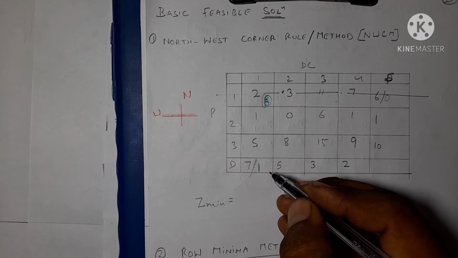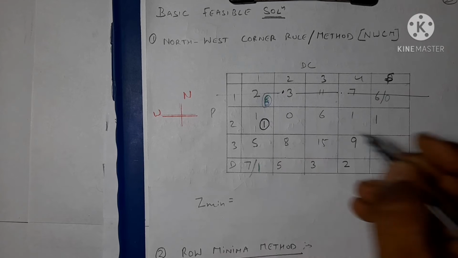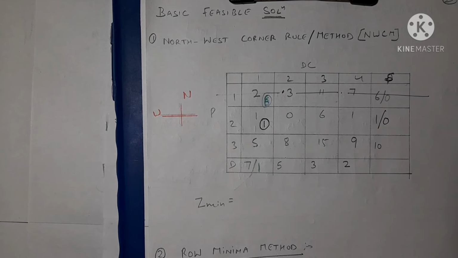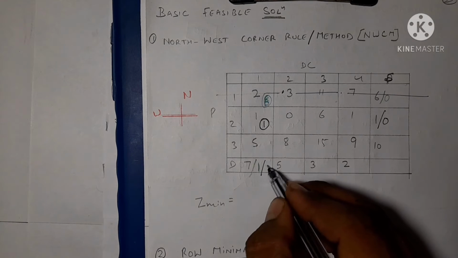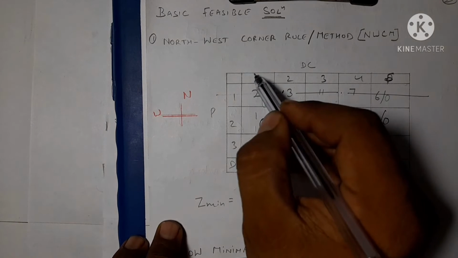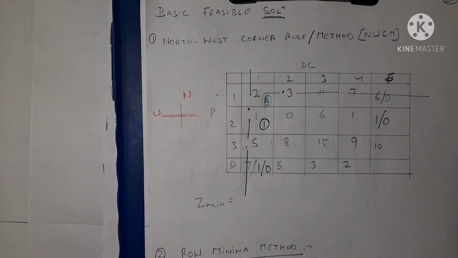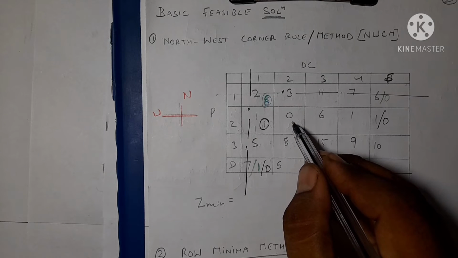Here supply is 1, demand is 1. Supply 1, demand 1. 1 will be satisfied over here. From here it is 0. From here it is 0. But we are subtracting, nothing else we are doing. Now the column element is satisfied.